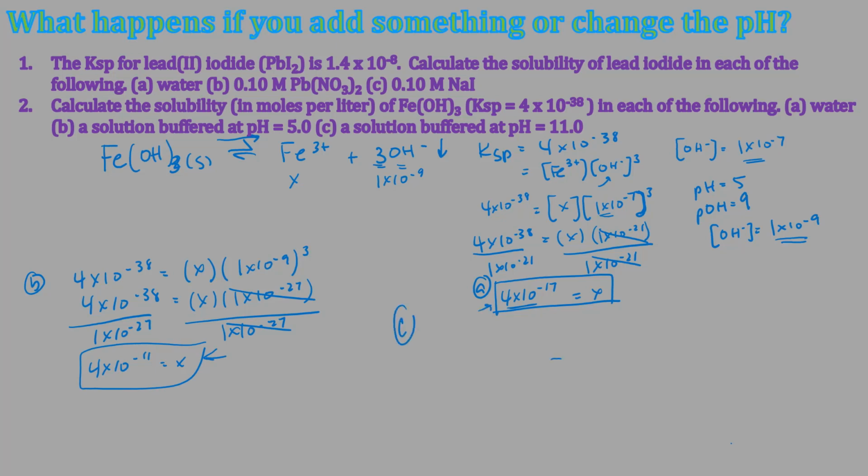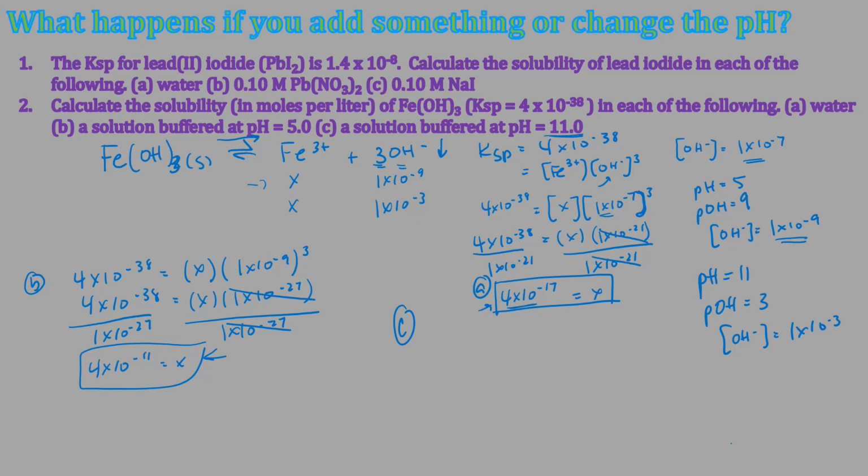All right, and then part C, we have a solution buffered at pH 11. So at pH equal to 11, the pOH is equal to 3, and so my hydroxide concentration will be equal to 1 times 10 to the negative 3rd. And so instead of these values here, I'd have x for Fe3+ again, and then 1 times 10 to the negative 3rd for hydroxide.